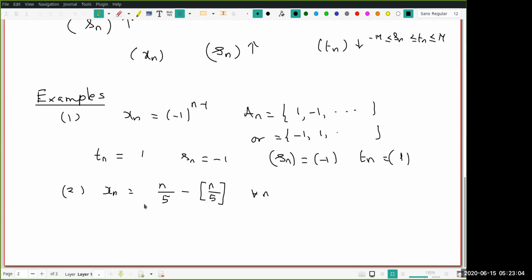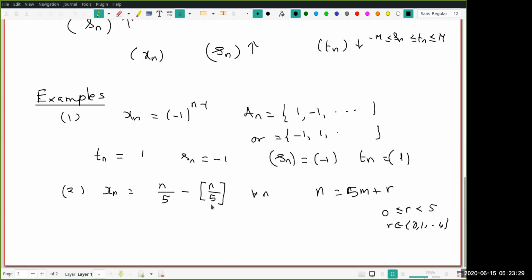What does it mean? Let us look at n/5. By the division algorithm, I can write n as 5m plus r, where r is greater than or equal to 0 and less than 5. Do you understand that? Therefore, r takes values only in the set 0, 1 up to 4. Is that clear?